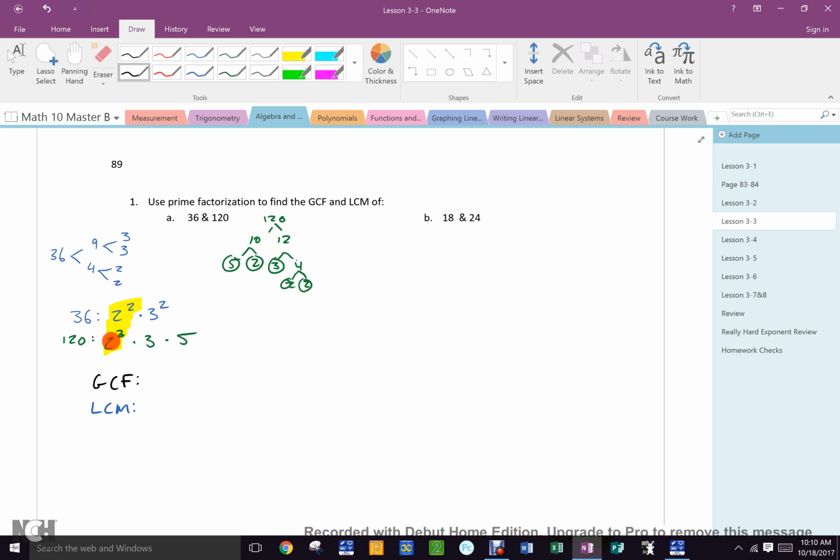I'm walking up to both of these numbers. I say, give me all your 2's. How many can you give me? You're 36. You can give me 2. How many can he give me? 2. That's the same as you, right? That's what's common. You share 2 2's, right? So the GCF must have 2 2's in it, yes? How many 3's?